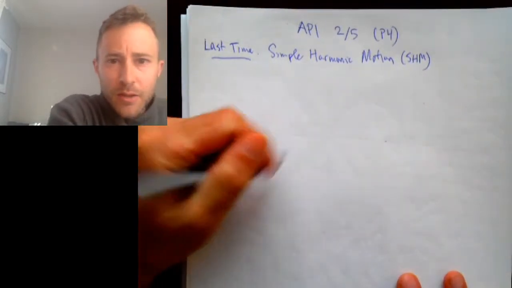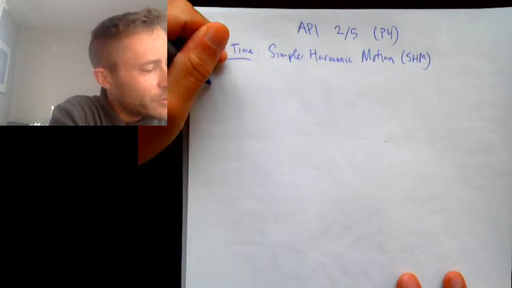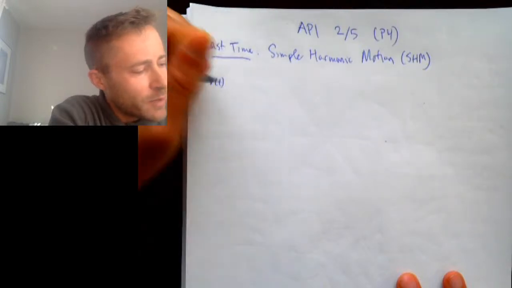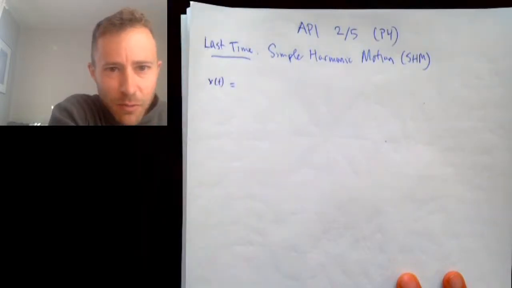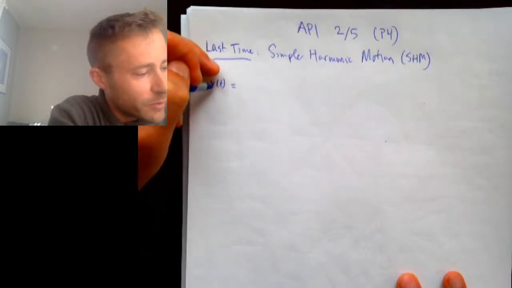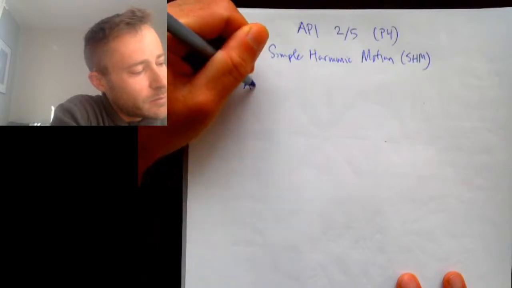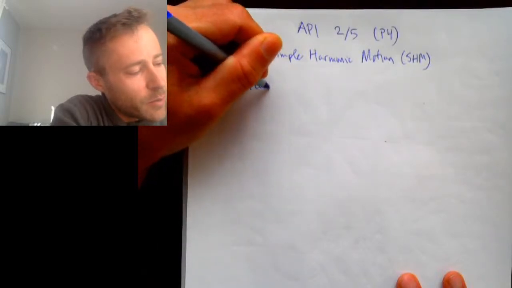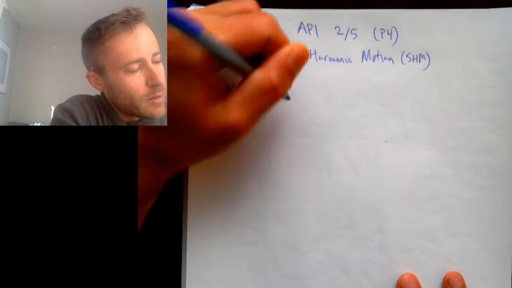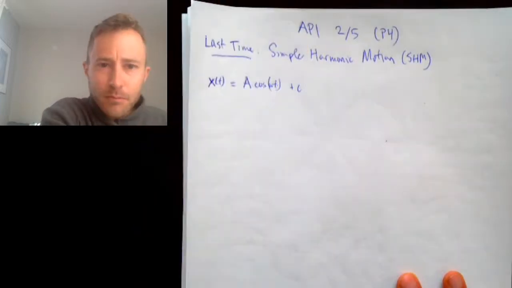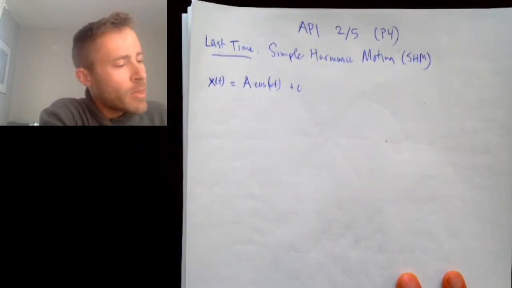And so simple harmonic motion means that your position as a function of time has the form A cosine of omega t plus a constant. Okay?